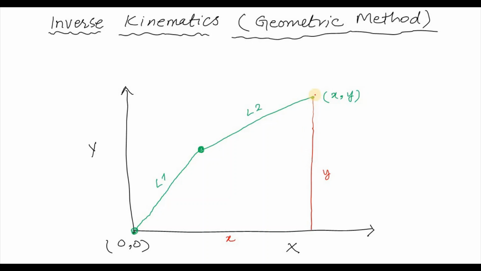Considering this point for the end effector, it has x and y coordinates, and what else can we do? We know that if we connect this point to the origin, we get a straight line, and we also get a triangle.